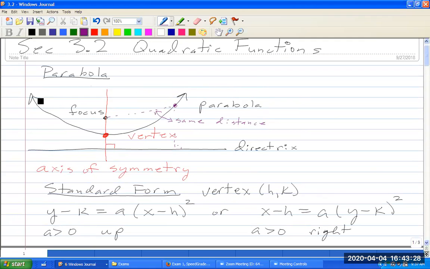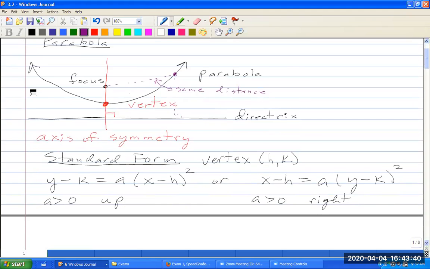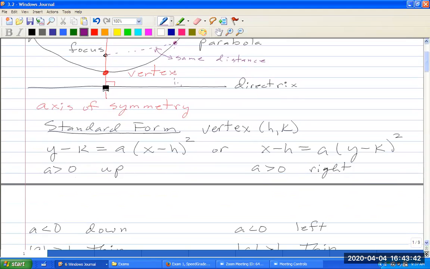That gives you a parabola looking like this, or going down. So if a is greater than 0, the parabola goes up. If a is less than 0, the parabola goes down.